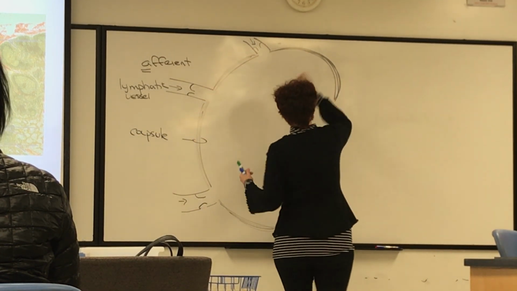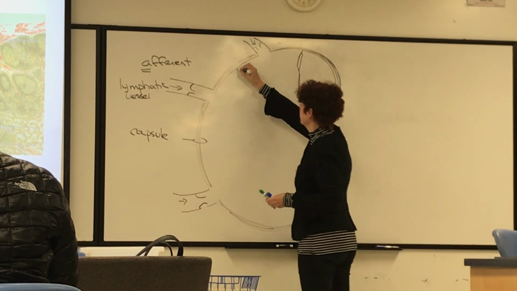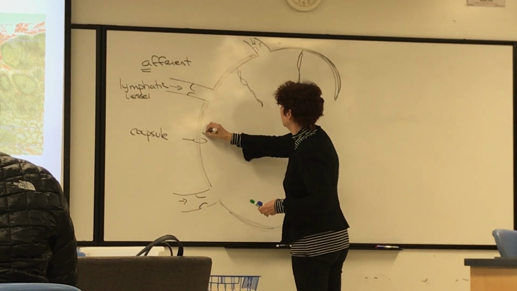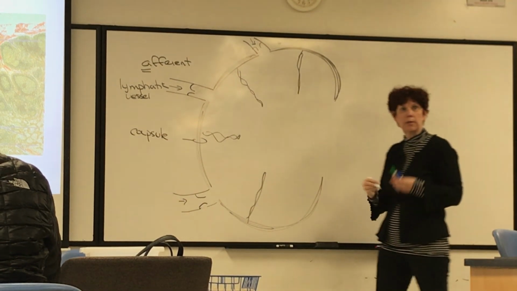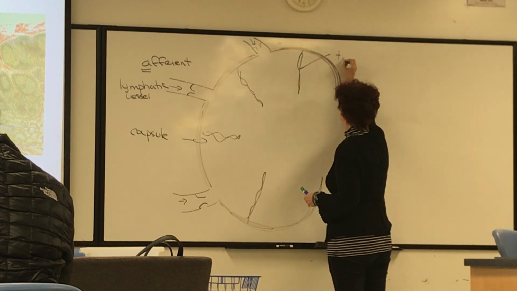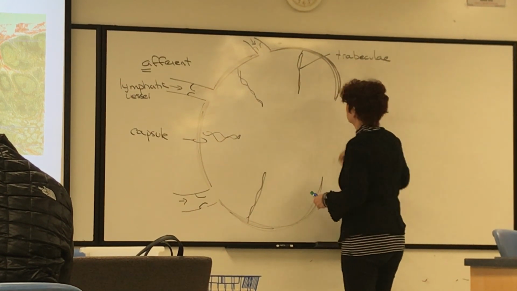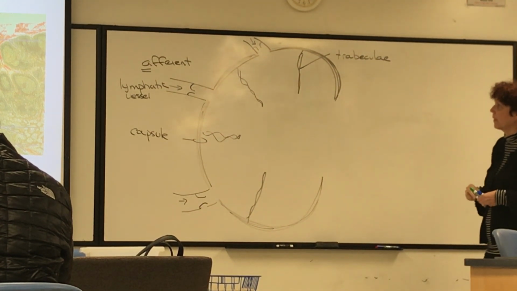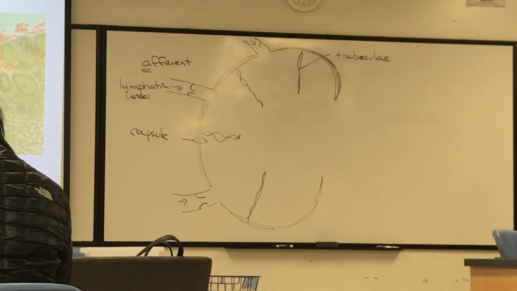Then we have some of the same connective tissue from the capsule extending down through the cortex towards the medulla, forming this into segments. And so these are identified as trabeculae. Now remember, we see our best organization of reticular fibers with our lymph nodes, all right?